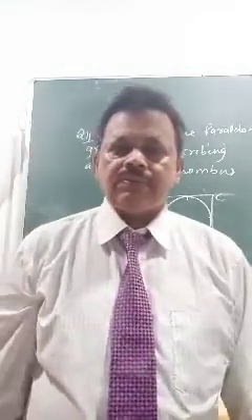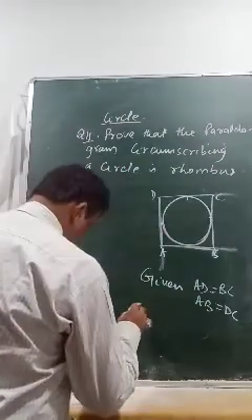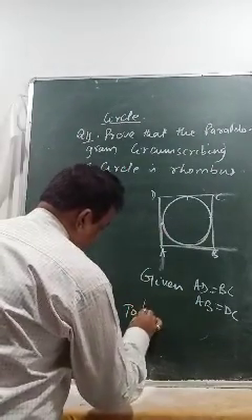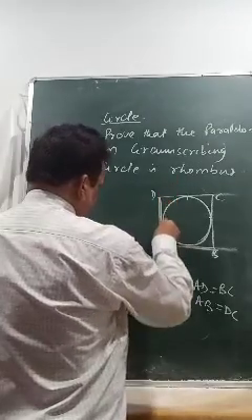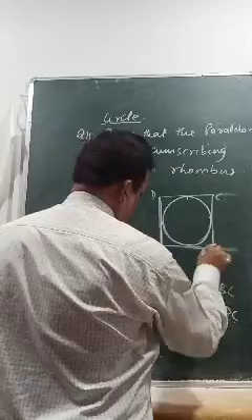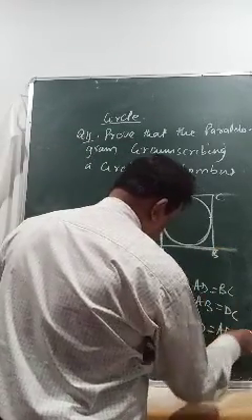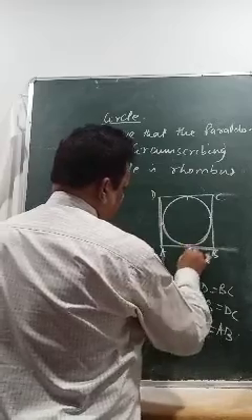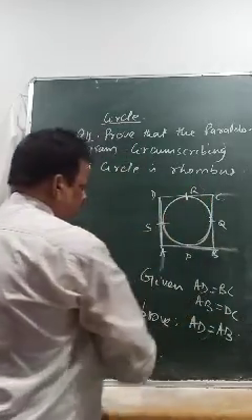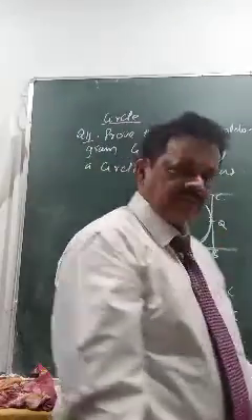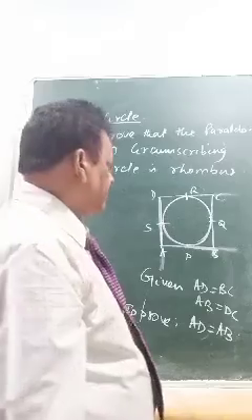You want to prove it is a rhombus. So to prove AD equals AB. So this is P, this is Q, this is R, this is S, touching the circle. Okay, circumscribing with C touching here.